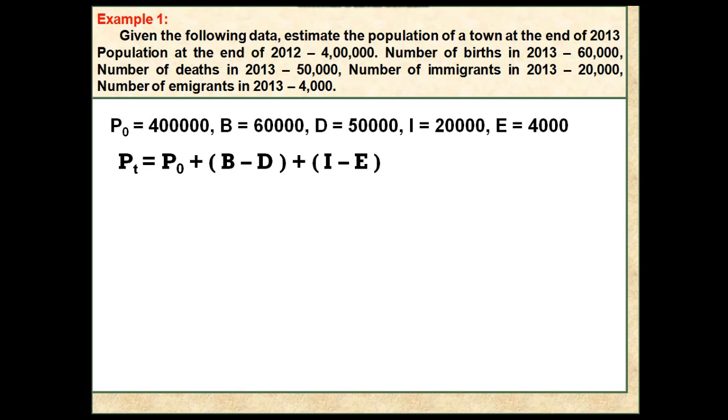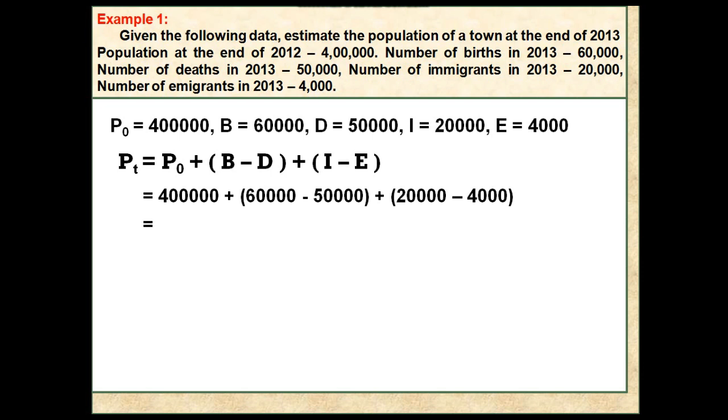After applying this in the formula, we are getting 4 lakh plus 60,000 minus 50,000 plus 20,000 minus 4,000. 60,000 minus 50,000 is 10,000 and 20,000 minus 4,000 is 16,000. That means 4 lakh plus 10,000 plus 16,000 is 4 lakh 17,000.